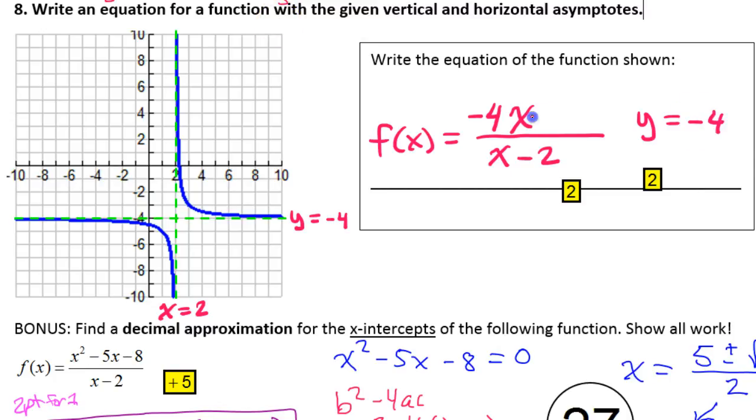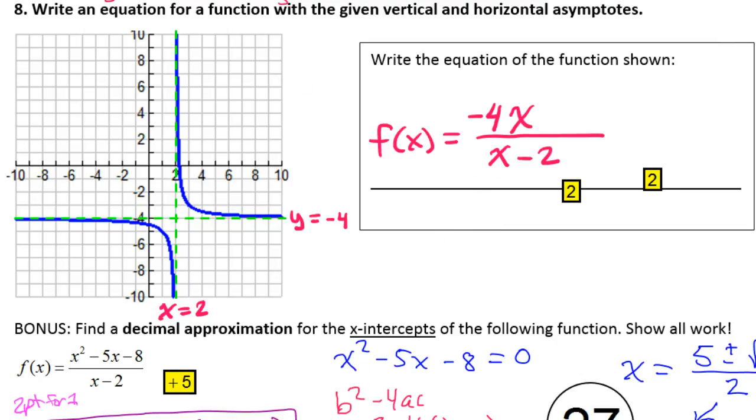The degrees are both still 1, but now I have leading coefficients negative 4 over 1, the invisible 1, and that makes y equals negative 4. So this is one solution to the equation, and this would probably be the most common solution.